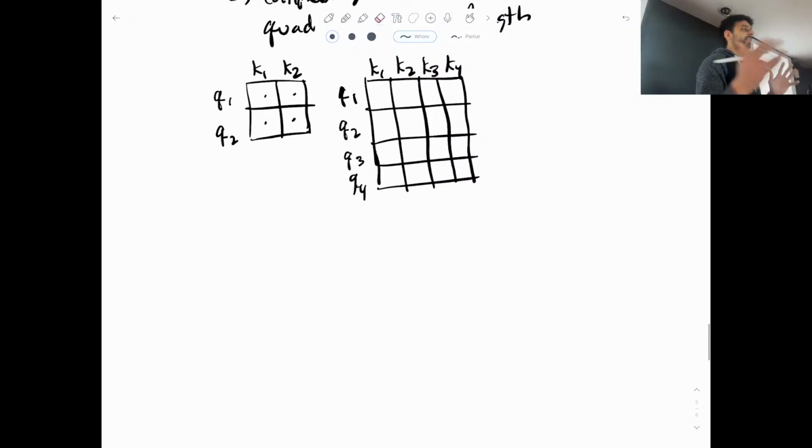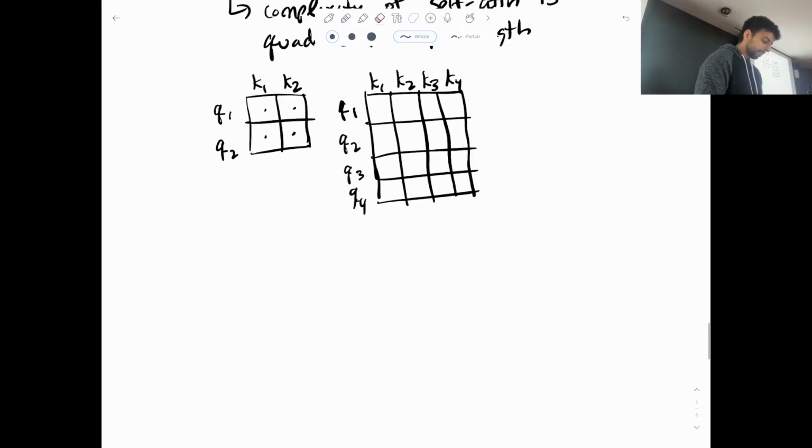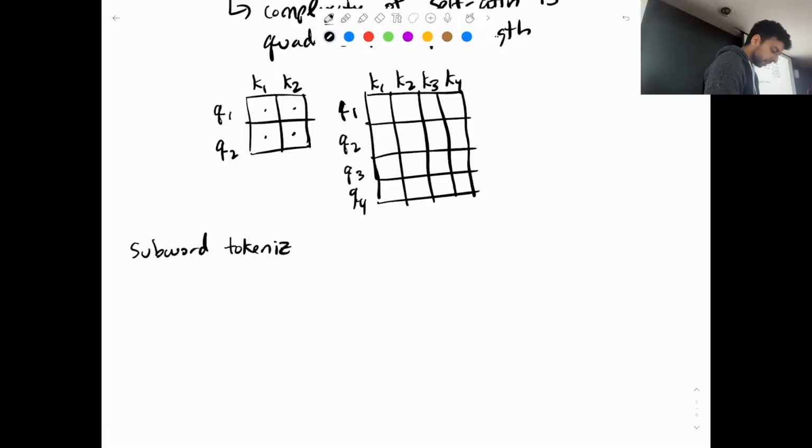So we understand kind of the trade-offs now between efficiency and handling of out-of-vocabulary words and maybe more intelligent splitting of things into like stems and suffixes and prefixes and so on. I want to talk about the most commonly used tokenization strategy today, which is subword tokenization.